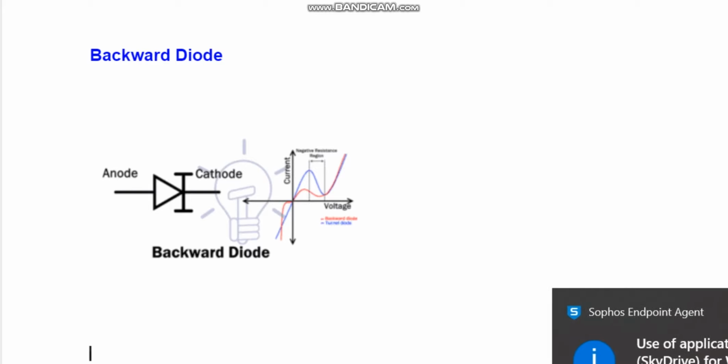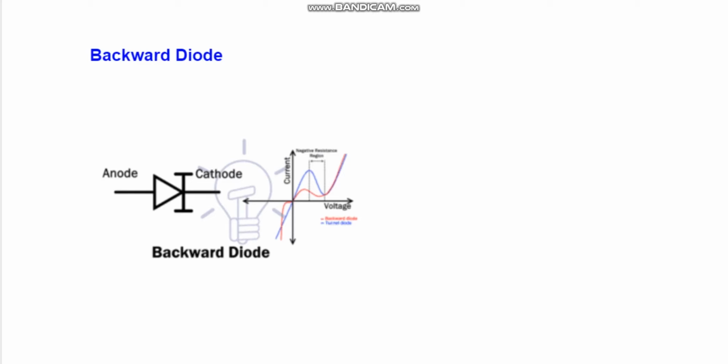In forward bias, it operates as a tunnel diode, but its tunneling effect is much reduced as compared to the tunnel diode. Otherwise, it operates as a normal PN junction diode. In reverse bias, it operates as a Zener diode, but the breakdown voltages are much lower. It is not widely used, but it can be used for rectification of small voltage signals. Due to its fast switching speed, it can be used as a switch in RF mixers and multipliers.